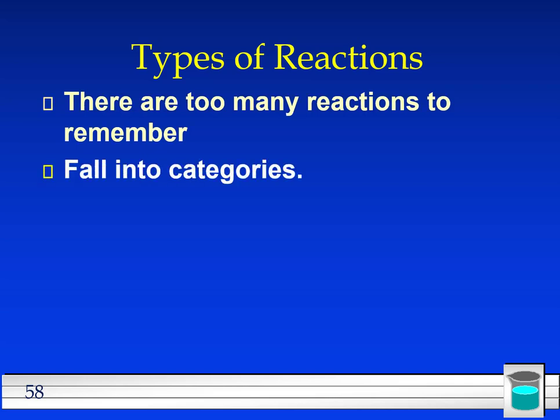So we're going to see that they fall into some categories. Now, these are big, broad, general categories. There's actually subcategories of each one that your book is going to bring up. We're going to learn 5 major types. The 4 ways things can change partners.